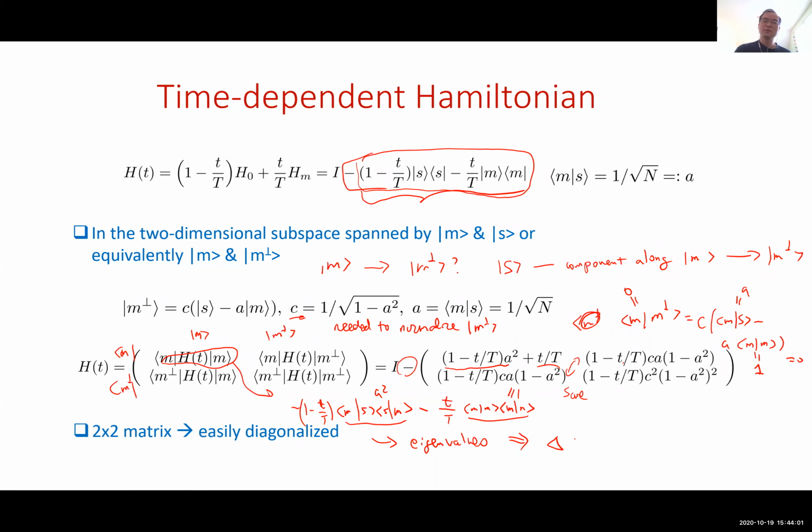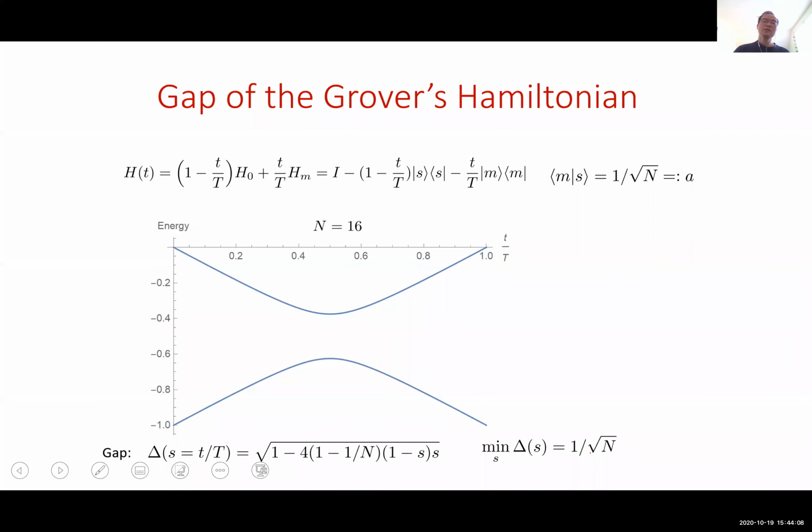You can get the gap as a function of T over T. And this is what we get. This is the gap. It's easy to define this T over capital T as a parameter s, and the gap as a function of s, the normalized time, has this form.